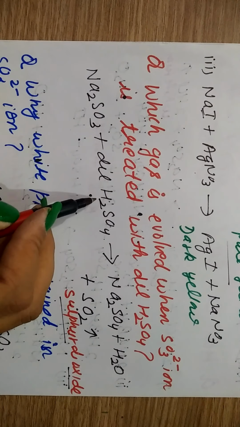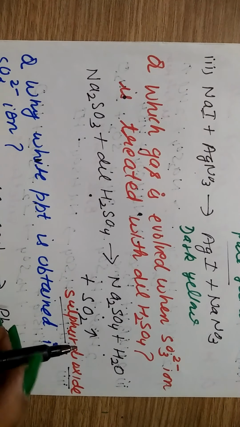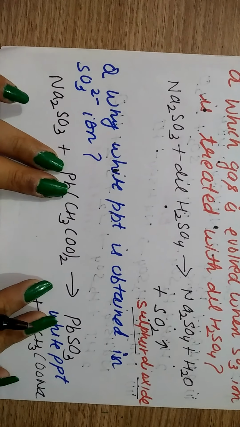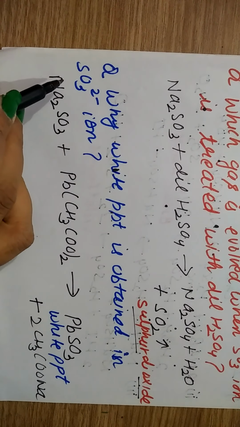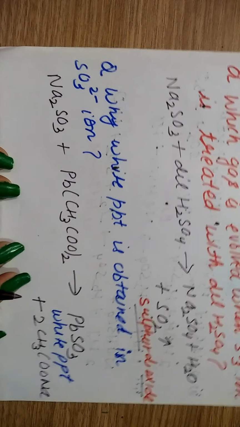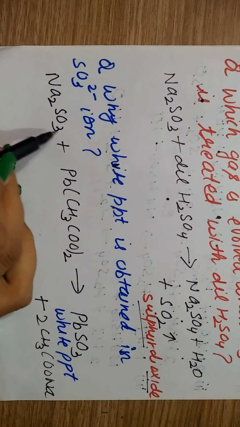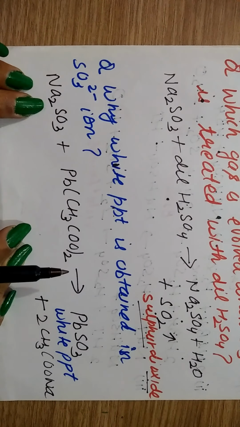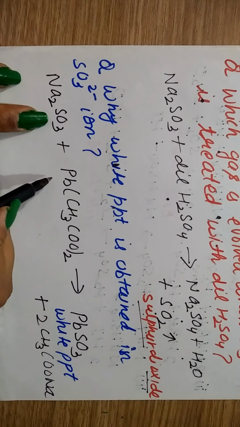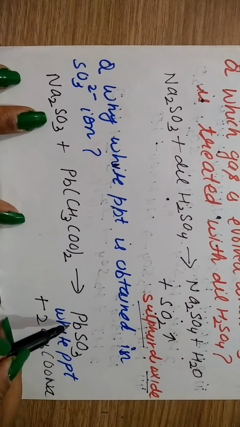They both react to form sodium sulfate, water and sulfur dioxide gas. Also, another question related to sulfite ion is about the white PPT. When we treat this compound having sulfite ion with lead acetate, we get a white PPT of lead sulfite and sodium acetate.